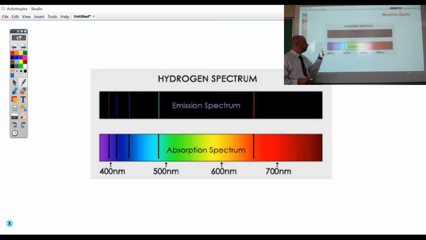This is higher in energy, the purple portion, or violet. So here, you'll notice bands where there is no color. That's where that energy has been absorbed. When those electrons go up in energy levels, you'll see this pattern. When they fall back down in energy levels, you'll see an emission spectrum pattern like this.